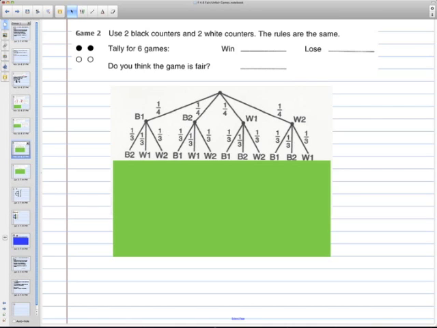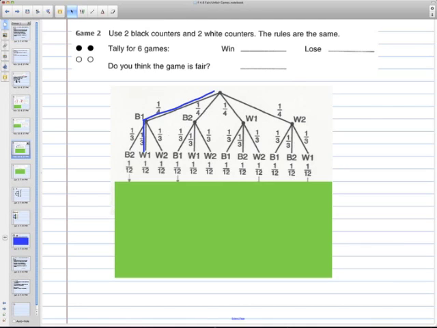Therefore, there are 3 possible outcomes. So for example, if we were to draw B1 first, and then for our second draw, we pulled out W1, that would happen 1 out of 12 times. So again, we can take our first outcome, 1/4, times our second outcome, 1/3, and we end up with 12 possible outcomes.